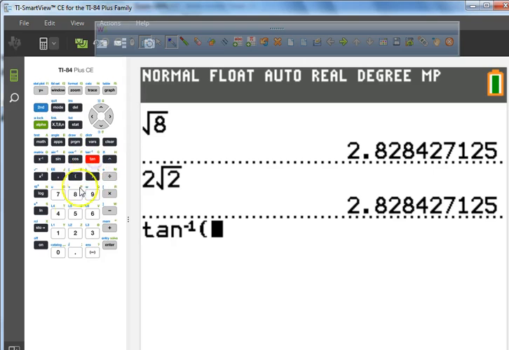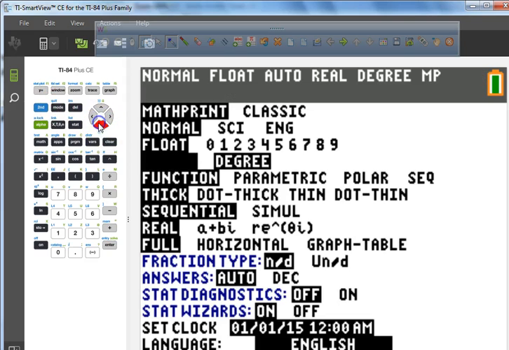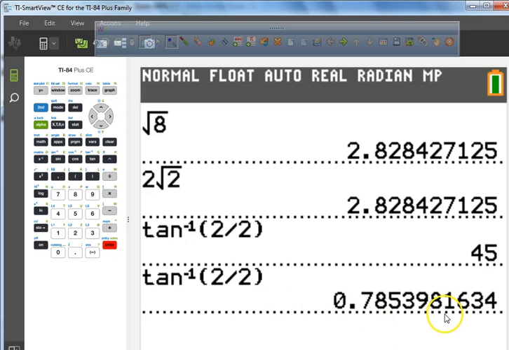Second tangent, 2 divided by 2, which is 1. And you get 45. Now what if it was in radian mode? Look what happens. If I change this to radian mode, and I say the inverse of tangent, and do the same thing, you're going to get this answer.